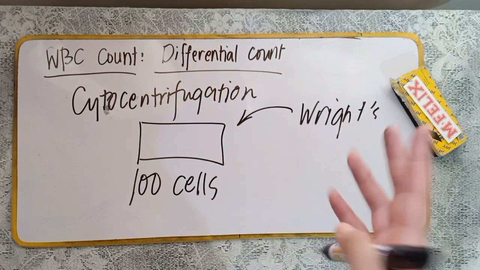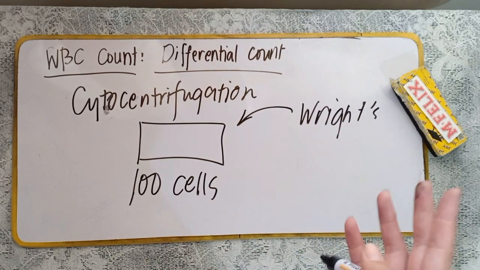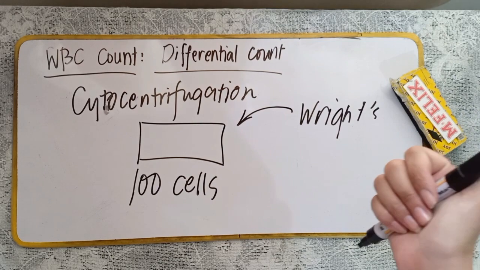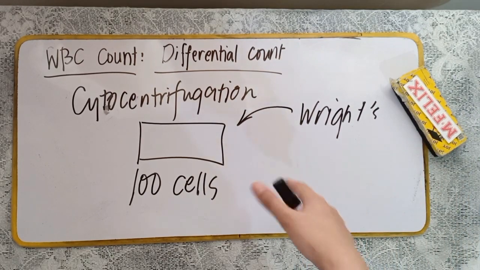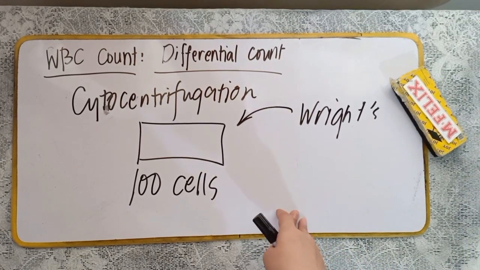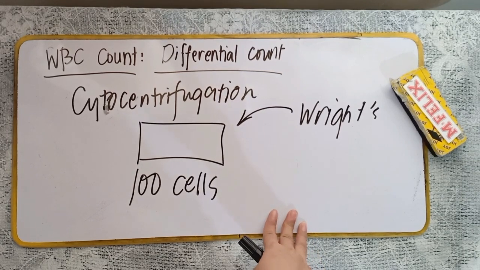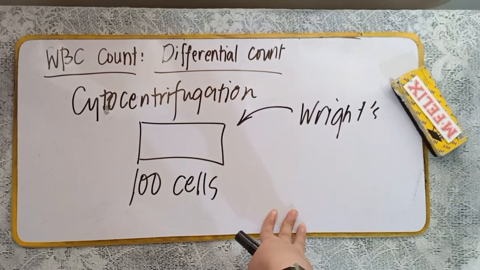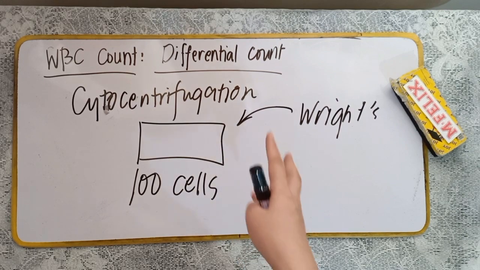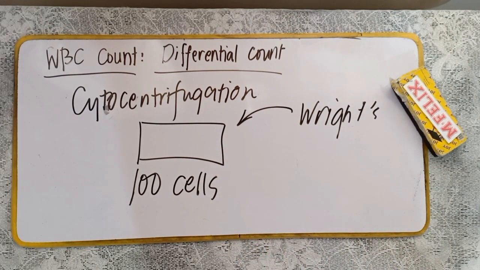Now, poor visualization of the cells as they appear in the counting chamber has led to the laboratory practice of reporting only the percentage of mononuclear and polynuclear cells present. Okay, and this can result in the overlooking of abnormal cells with considerable diagnostic importance.